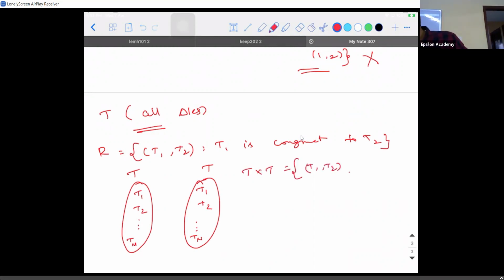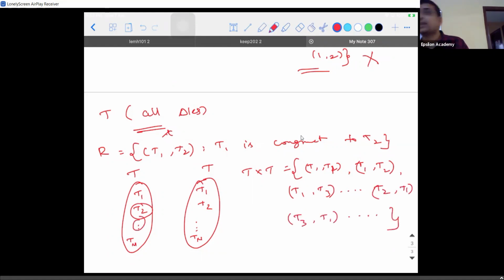T1 comma T1, T1 comma T2, T1 comma T3, so on. It keeps on going. Similarly, when you start with T2, you will have T2 comma T1. When you start with T3, you will have T3 comma T1. So it keeps on going like this. What is this? It's a Cartesian product.